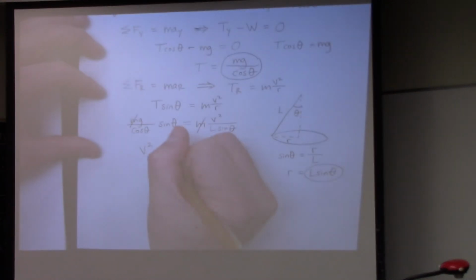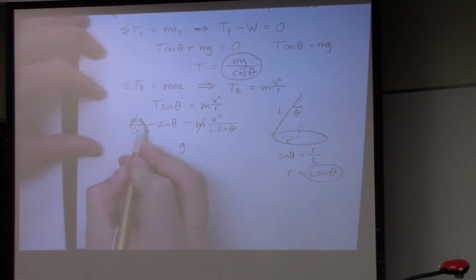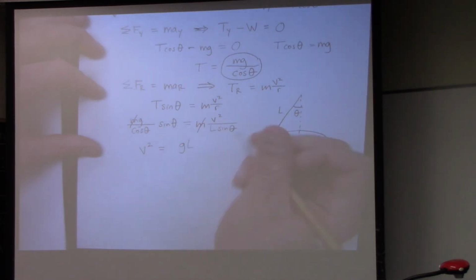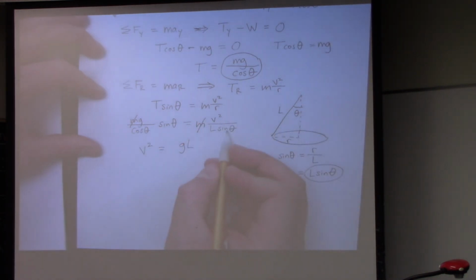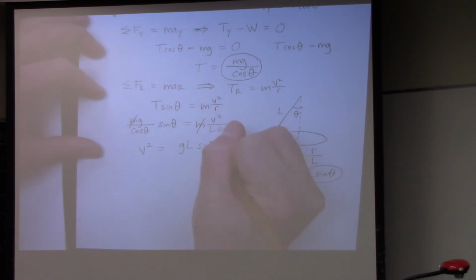V squared, what we're going to do is multiply on both sides by L sine theta. So we have a g, that's already on top right there. We're going to have an L, and if we have sine theta that we multiplied to the top, and we already have a sine theta here, this can be written as sine squared theta, just two factors of that.